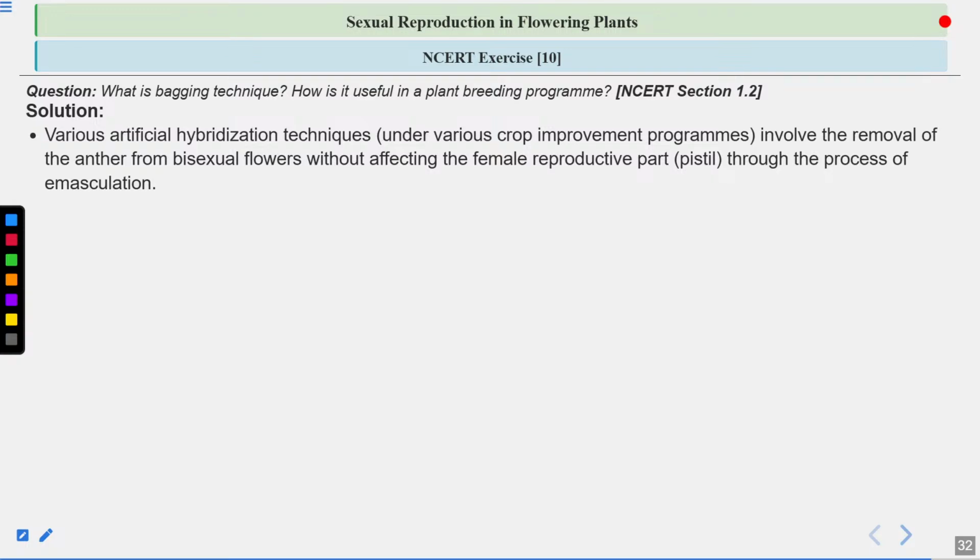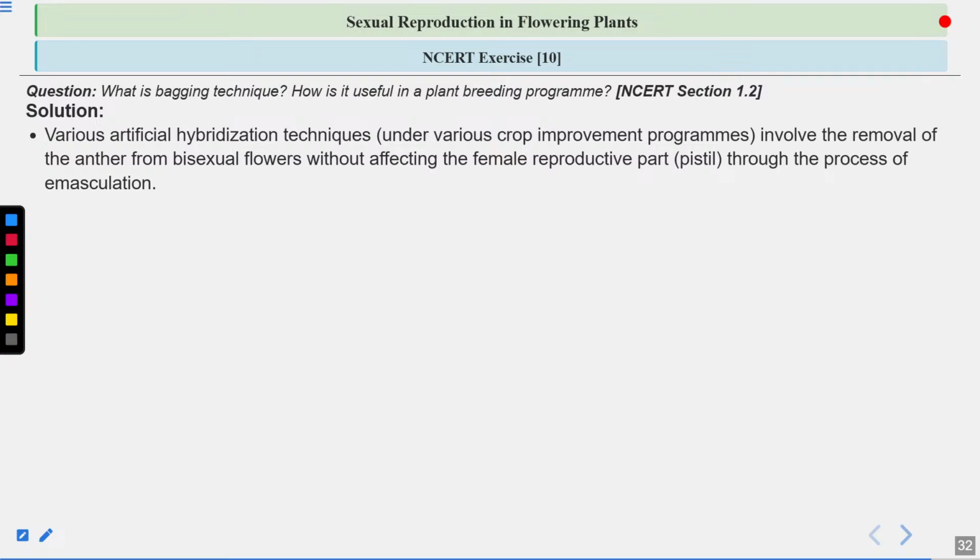If you allow another pollen grain, the one you have selected, to be put on, then there could be the chance that the pollen grain from the same flower could also come to the stigma. So how to stop this? First of all, you will select the flower which has both parts, male and female reproductive organs, and ensure that the female reproductive organ has not reached the maturation phase.